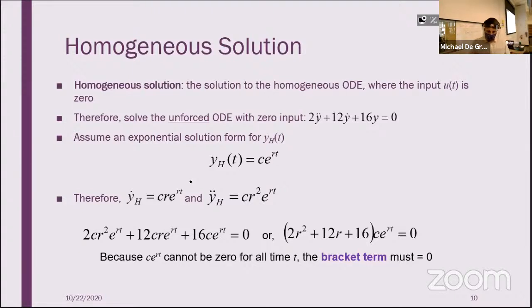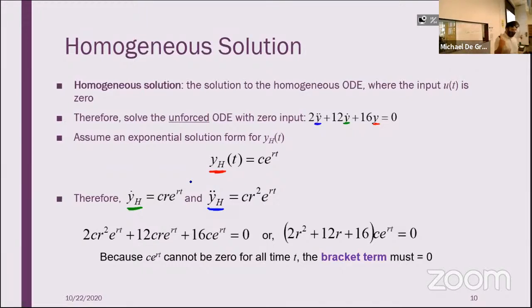Now I've got y sub h, y dot, and y double dot. Notice I've underlined them on the slides in different colors, and correspondingly underlined the variable that we're going to plug into our homogeneous ordinary differential equation.